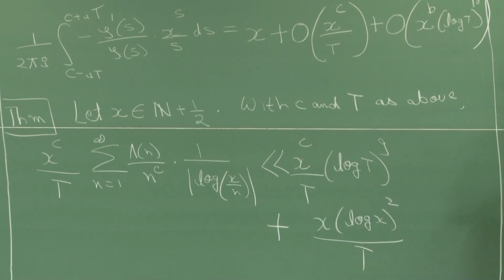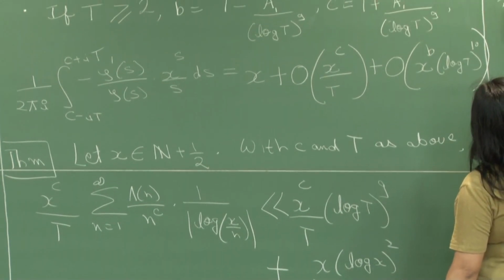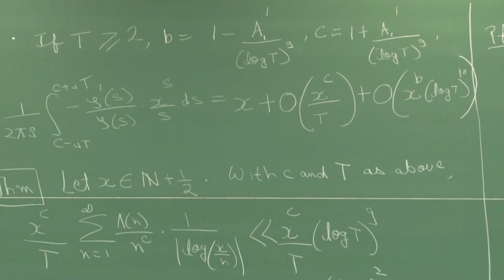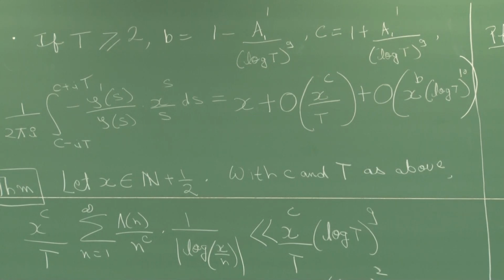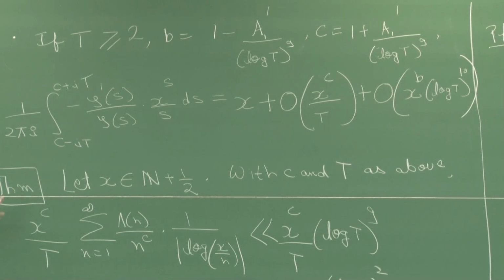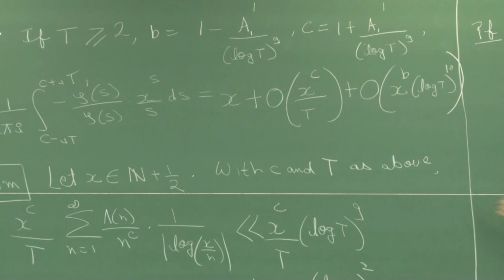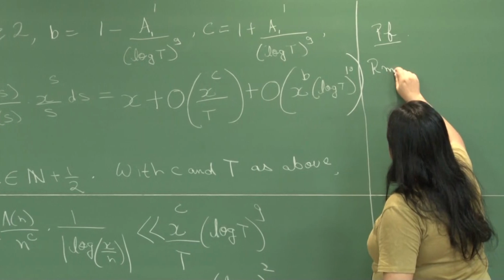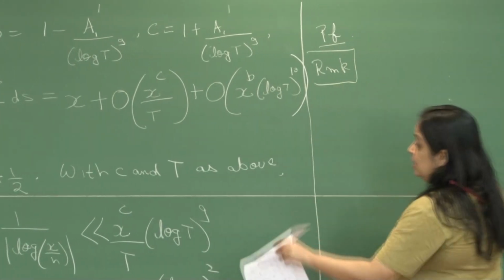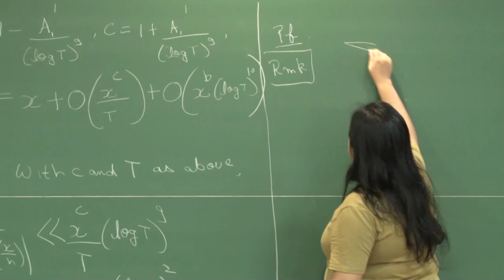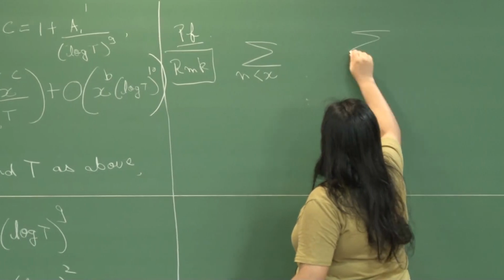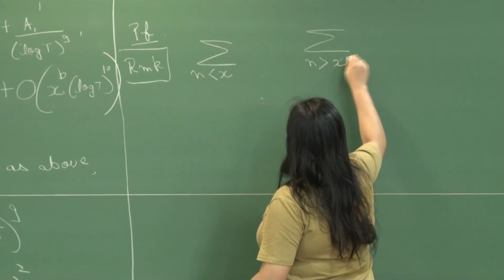So let us look at this sum carefully. Suppose we break this term into two parts. We have this infinite sum. So I'm just going to start with this remark. Suppose I start with breaking down the sum into n less than x and n greater than x.